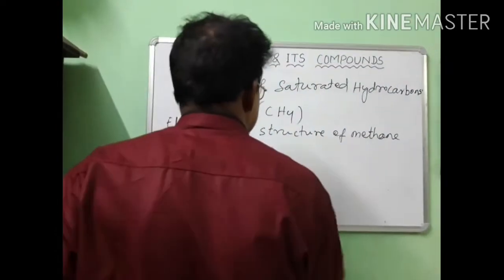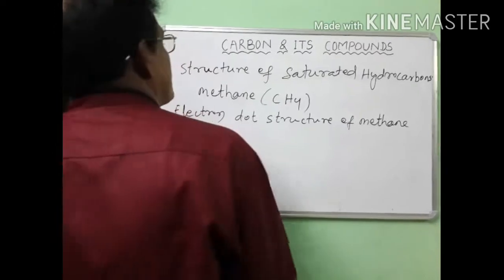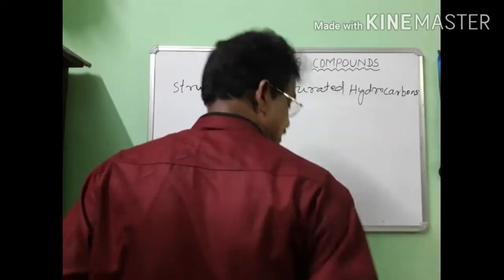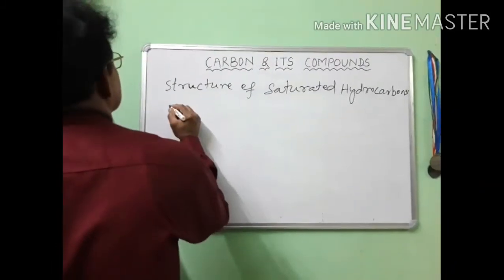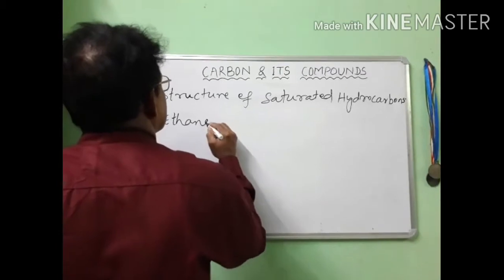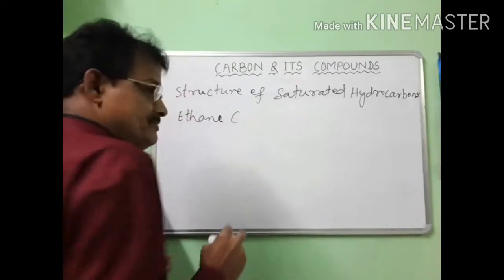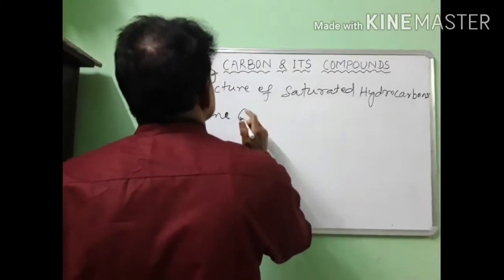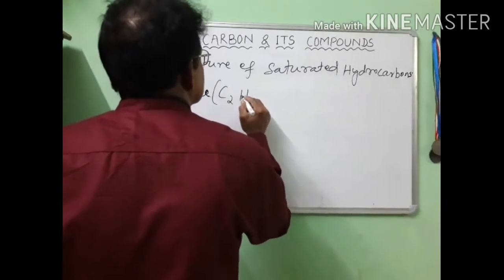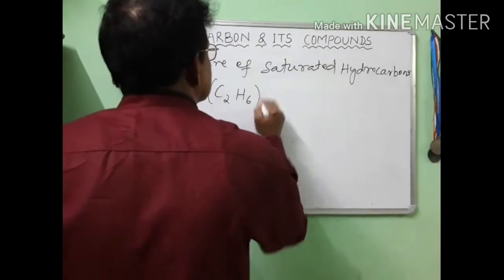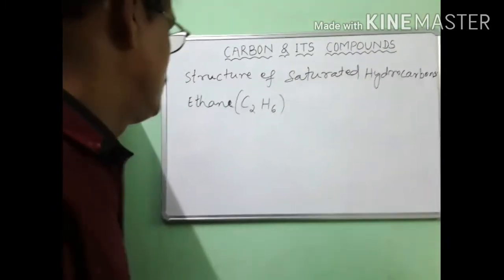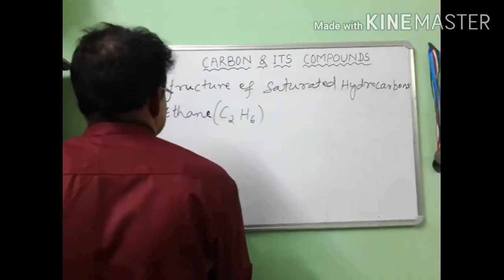Next, the electron dot structure of ethane. The formula of ethane is C2H6. So the structure of ethane is like this.